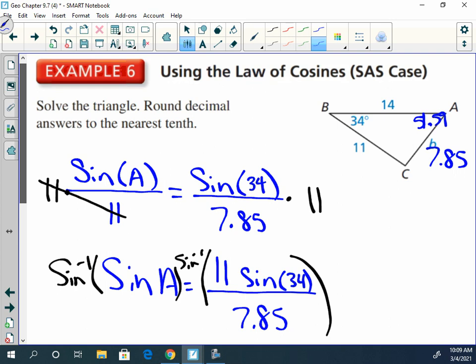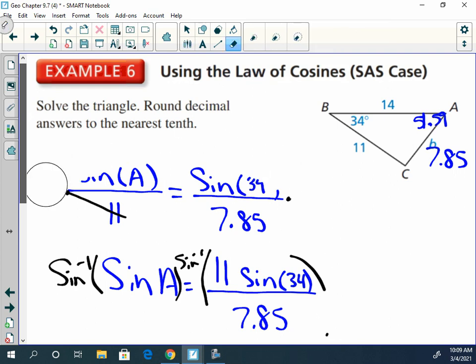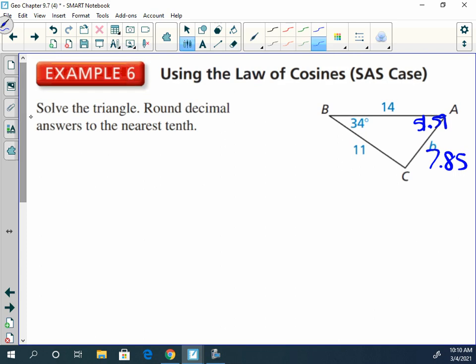So we found angle A as 51.59. We found side length B as 7.85. Now we just need to find angle C. Now again, all three angles add together to be 180. So we can do 34 plus 51.59.